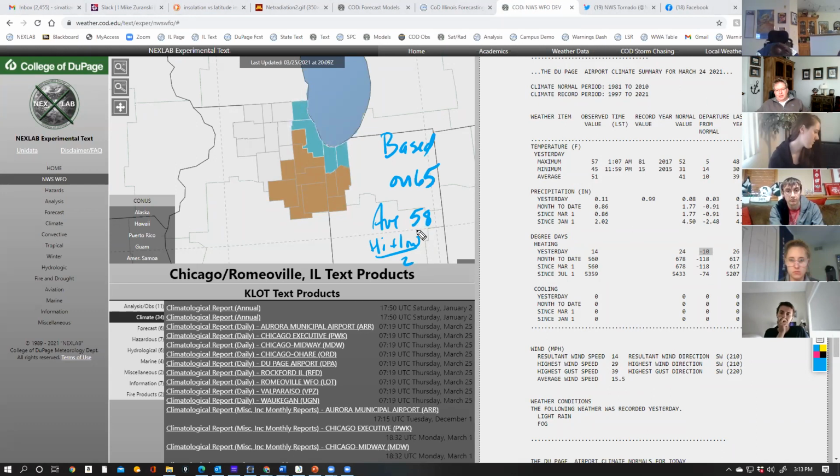If the average is 58, then I have to heat the air 7 heating degree days. Because if the temperature is averaging below 65, what are people going to use? The furnace, because it's going to be cold enough that you'll kick on the furnace. If it's 65, you won't need anything.